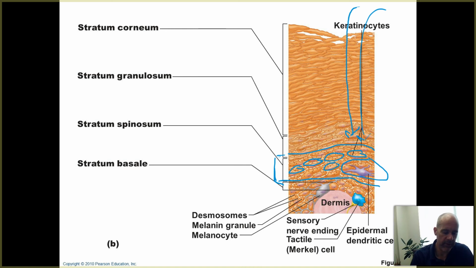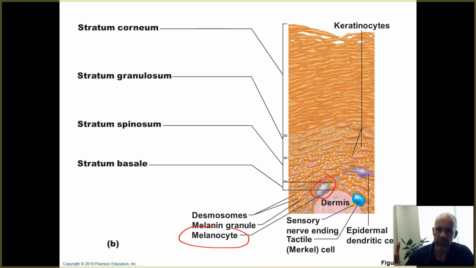And then the other thing you have here in the stratum spinosum are, alright, so this cell right here, highlight it, this one that's kind of in gray, that's called a melanocyte. Those are the cells that actually make melanin. So they make melanin.